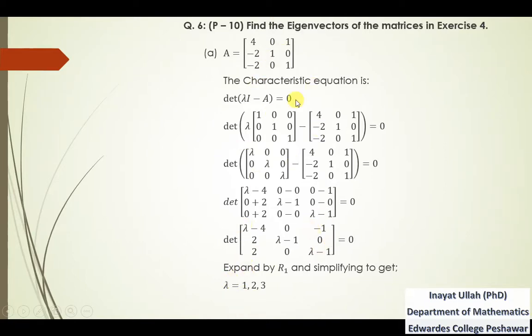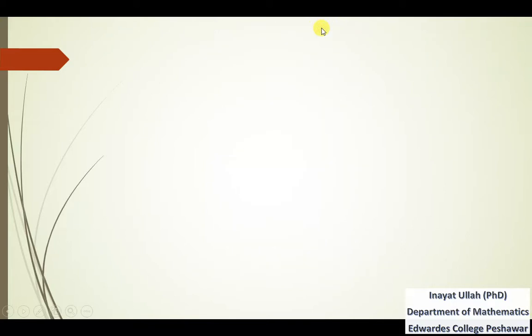So that is the first step. First of all, we have to obtain the values of lambda, which are actually the eigenvalues. Now we are in search of eigenvectors. How could you find the eigenvector? Because A is a 3 by 3 matrix, X will be a column vector having 3 components, x1, x2 and x3.